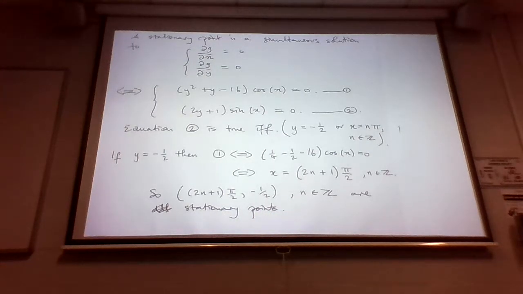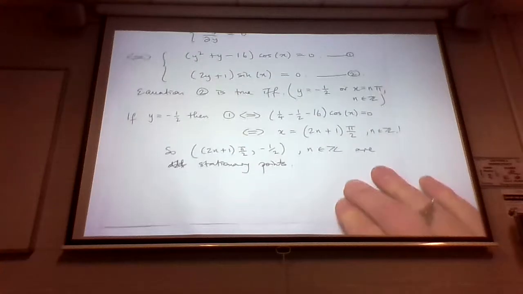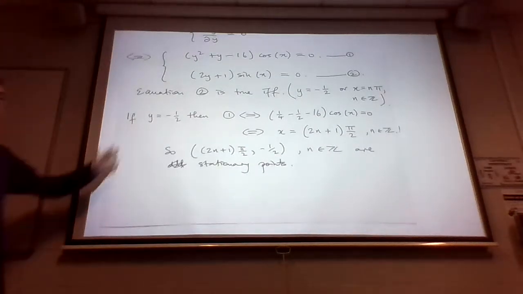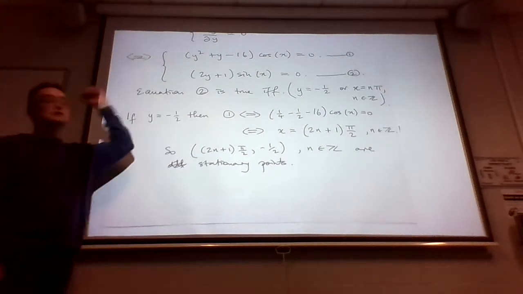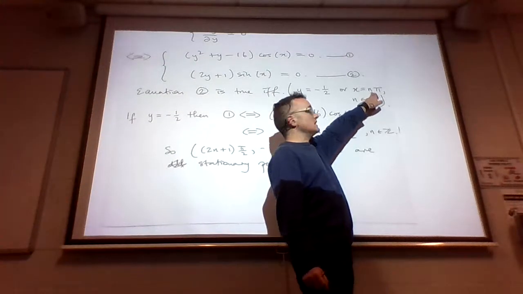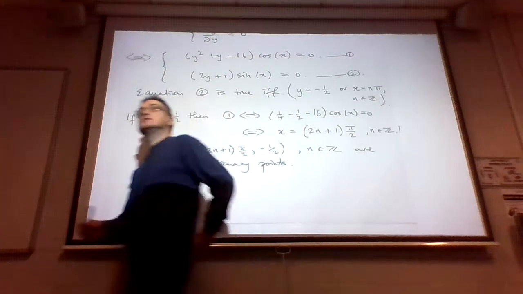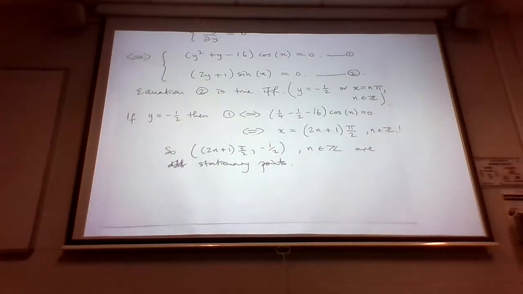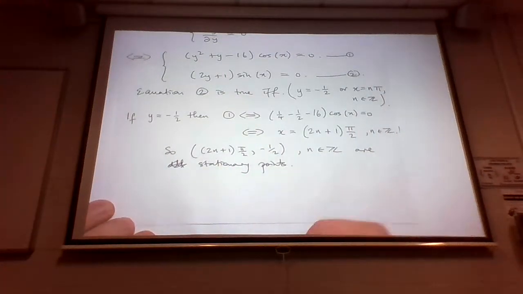So we found one family of stationary points. But there's another condition to investigate as well. We have to investigate the x equals n pi condition as well.